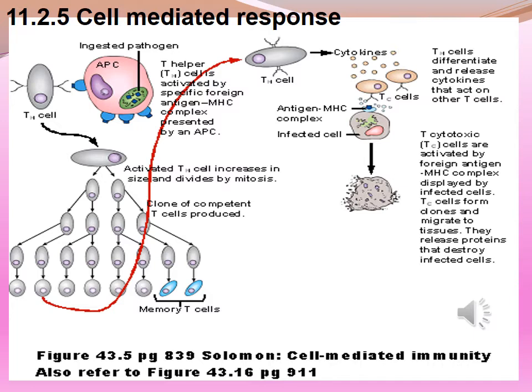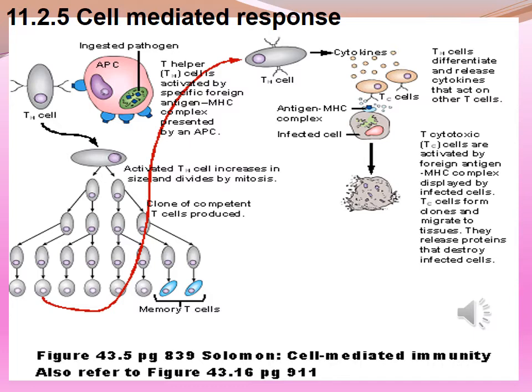Once activated, TH cell increases in size and divides by mitosis. Then the clone of competent TH cells are produced. Some TH cells attract macrophages to the site of infection and promote the destruction of intracellular pathogens. Others function mainly in antibody-mediated immunity.